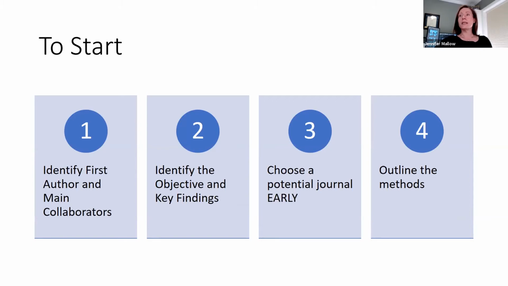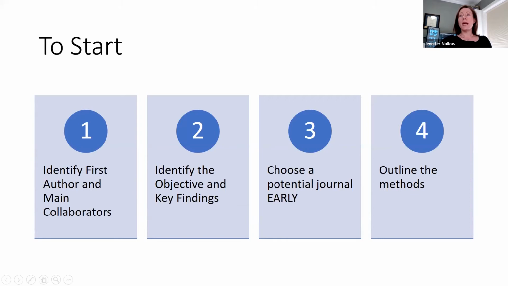And this allows you to decide what needs to be reported in this paper, what needs to be reported in another paper, or what you've already published and can refer to in your methods section. It's also important to choose a potential journal and target audience at an early stage so that you can format the paper to those specifications while writing instead of spending a day at the end of the process just formatting.